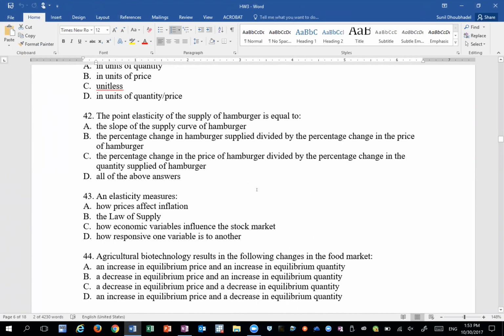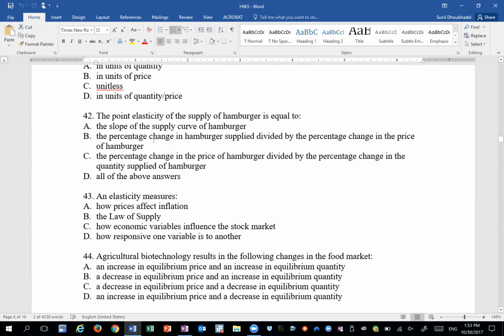The point elasticity of the supply of hamburger is equal to: the slope of the supply curve of hamburger, the percentage change in hamburger supply divided by percentage change in price of hamburger, the percentage change in price of hamburger divided by percentage change in quantity supplied of hamburger, all of the above.